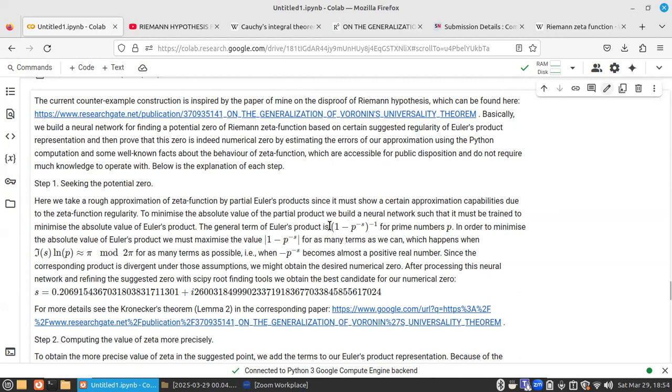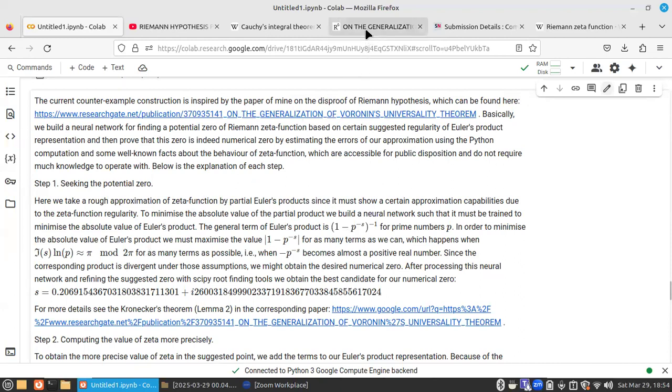First of all, to minimize the product of such terms, we need to maximize the absolute value of each of those terms, which is done by choosing an imaginary part such that the imaginary part of s multiplied by natural log of p is approximately pi mod 2 pi for as many terms as possible.